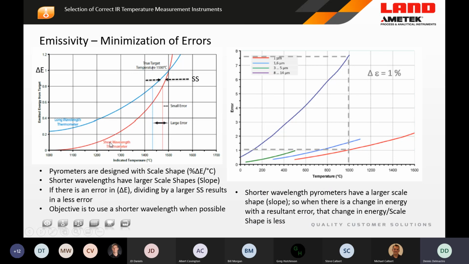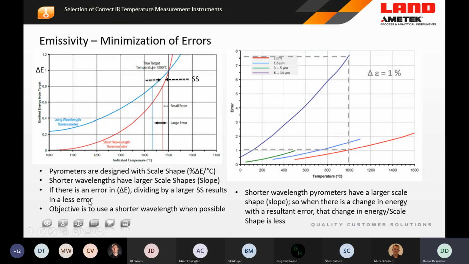Shorter wavelength pyrometers have larger scale shapes. They have steeper slopes to them. So if we would have an error, a delta change in energy, if you take that error or that change in energy, dividing by a larger scale shape, it results in less error.